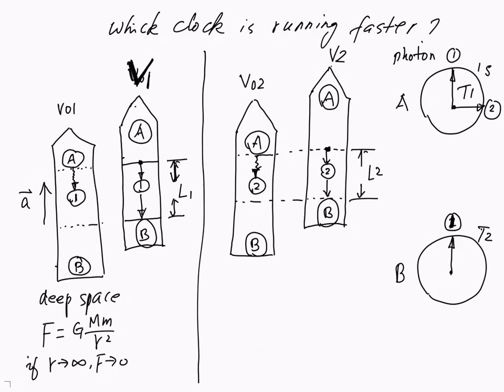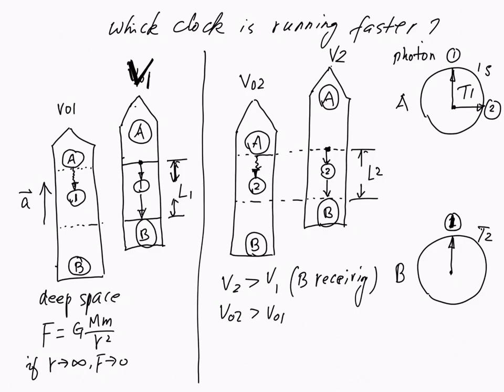Now if we look at this, we know that V2 should be bigger than V1, because the rocket keeps accelerating, and V1, V2 refer to B receiving photons.